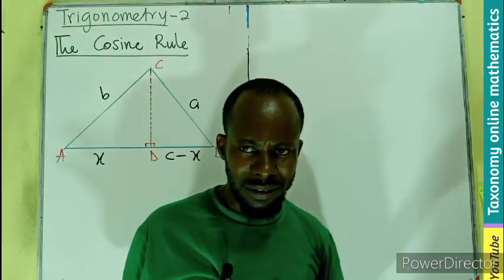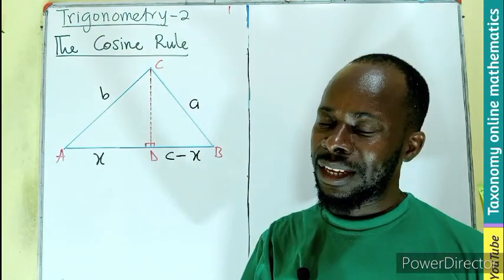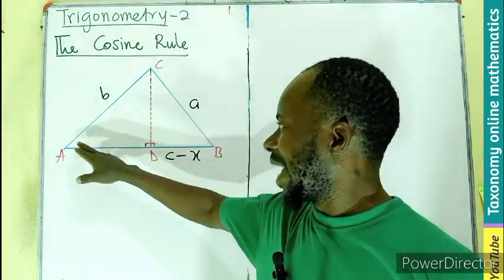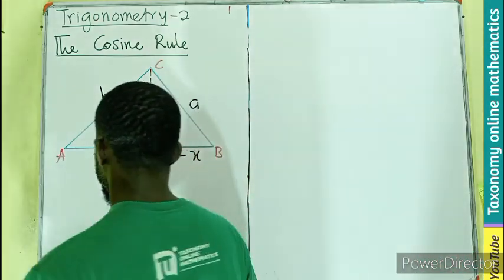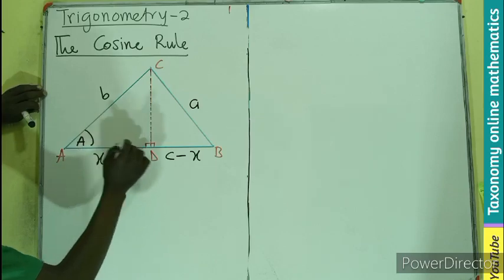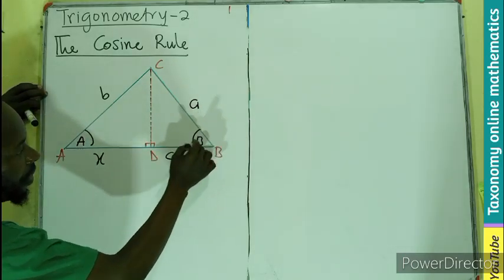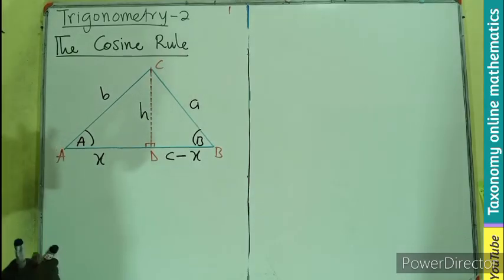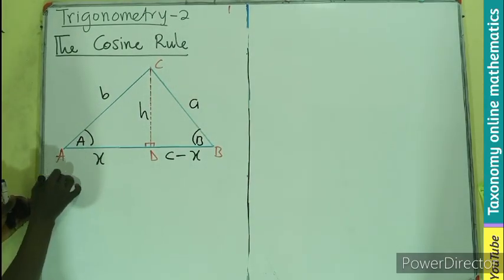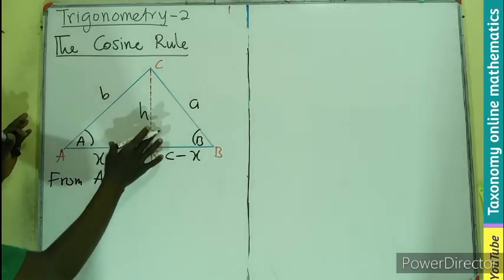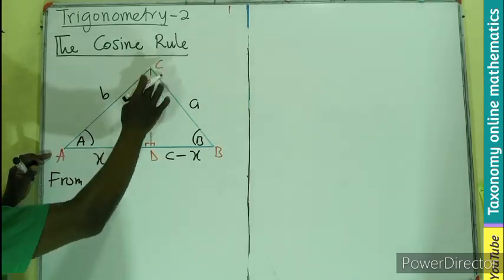If we consider this, we are talking of cosine. So let's take the cosine of the angles and see. Let's say here is angle A, here is angle B. Let's take the triangles one by one, beginning from triangle ACD. This is a right angle triangle.